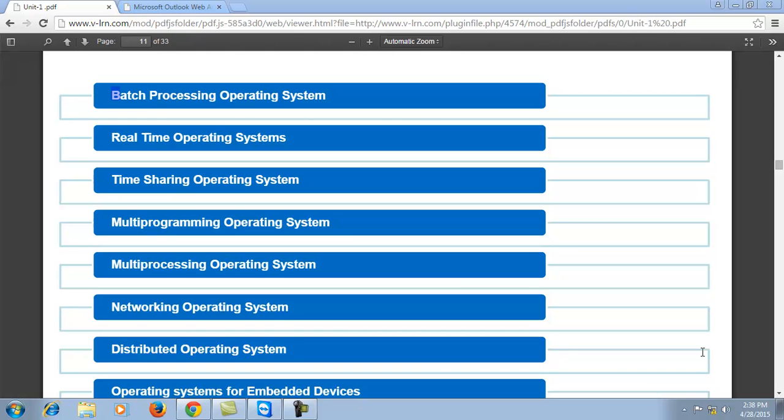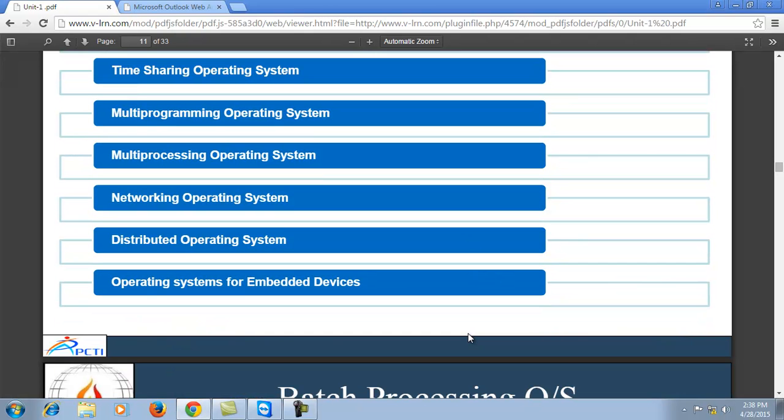Now we come to the next type of operating system, that is embedded, which embeds new devices or attaches new devices and provides support to use them with other devices and apply them in different applications and application software, like a webcam.